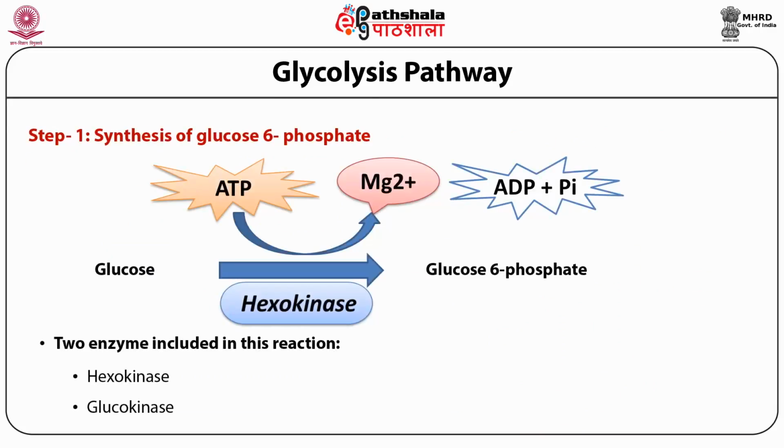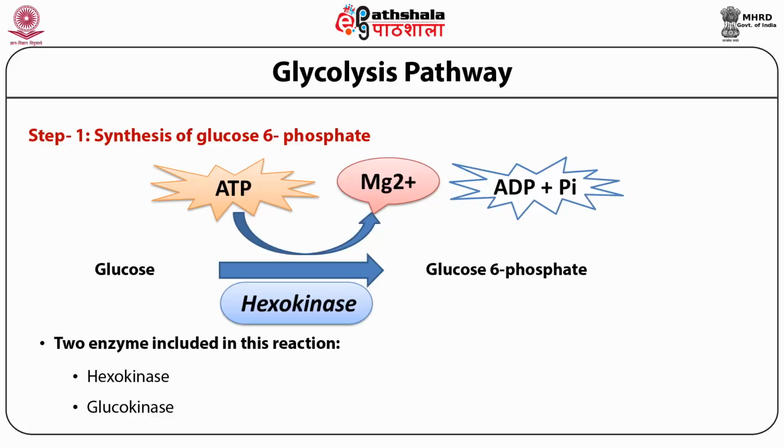If you see step 1, it is the synthesis of glucose 6-phosphate. Glucose is phosphorylated by the enzyme hexokinase in the presence of magnesium to form glucose 6-phosphate. In fact, all cells contain the hexokinase enzyme, which catalyzes the phosphorylation of other sugars such as D-glucose, D-mannose, and D-fructose.